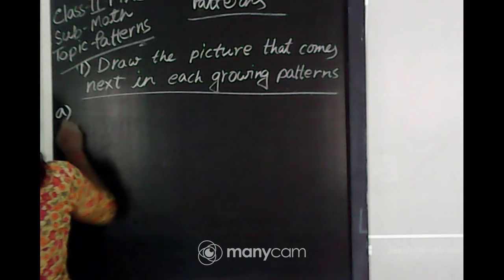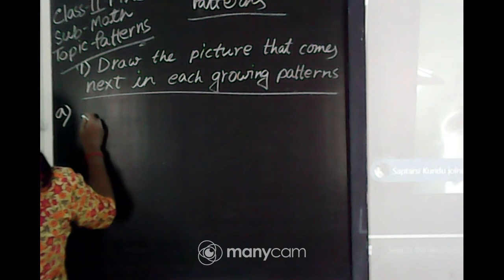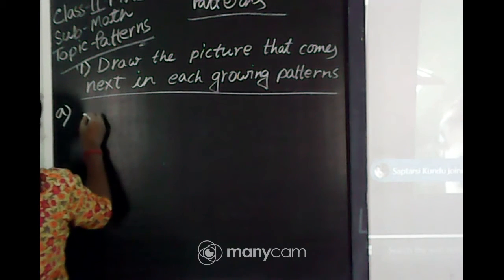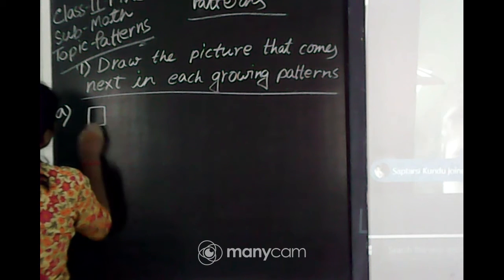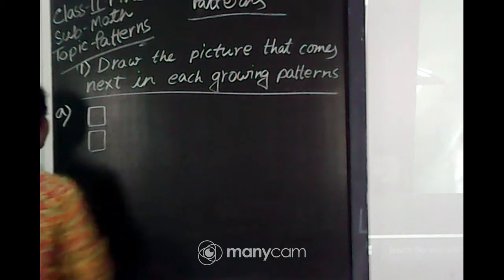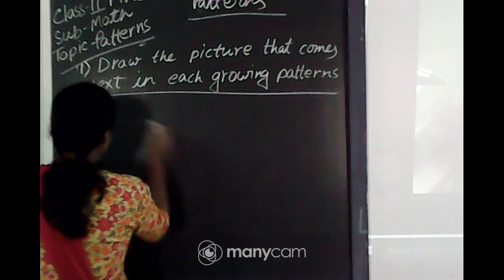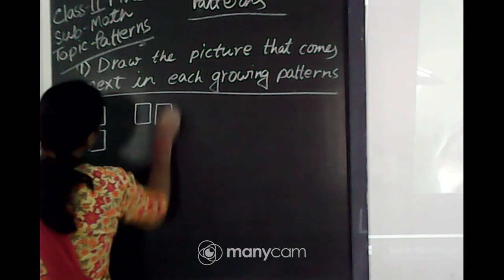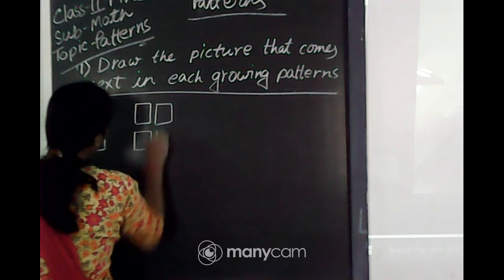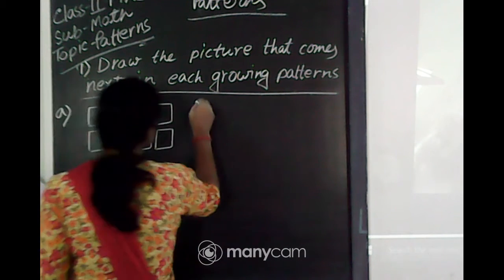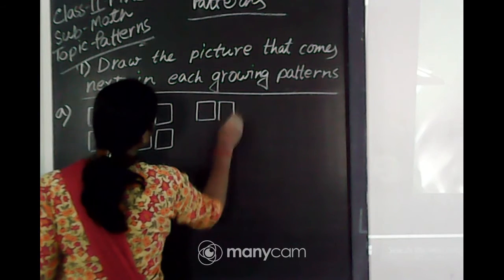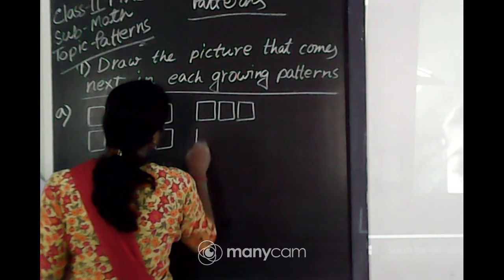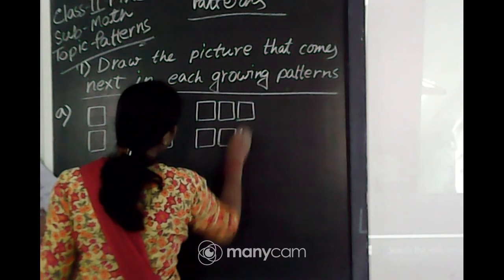Now number 1. 2 squares in this manner in the first. Next there are 4 squares, and next 6.